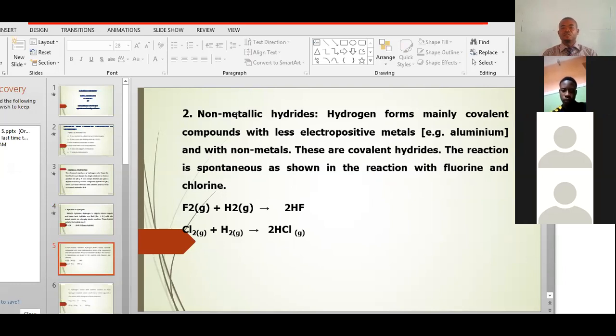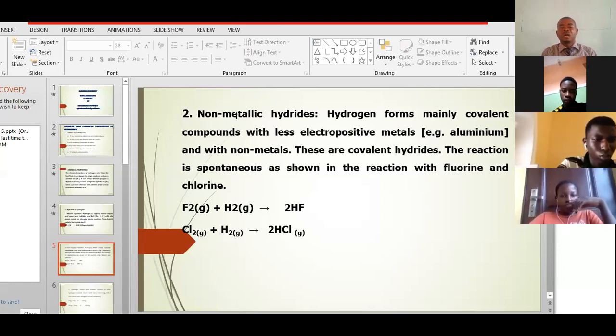Hydrogen forms covalent compounds with less electropositive metals, e.g., aluminum, and with non-metals. These are covalent hydrides.